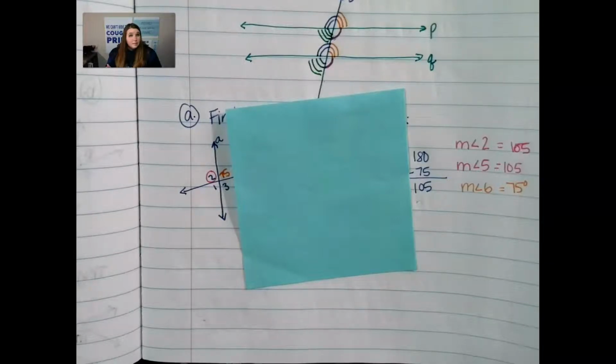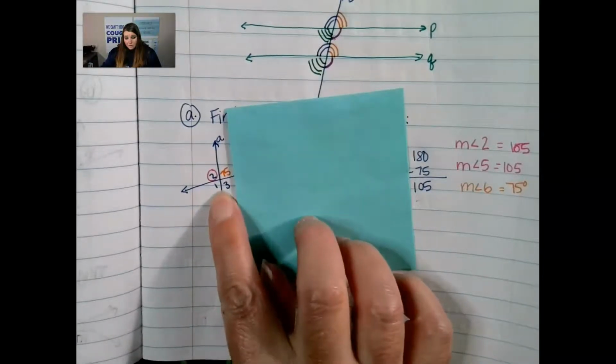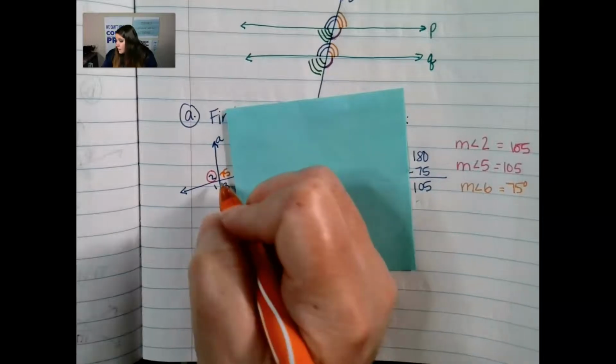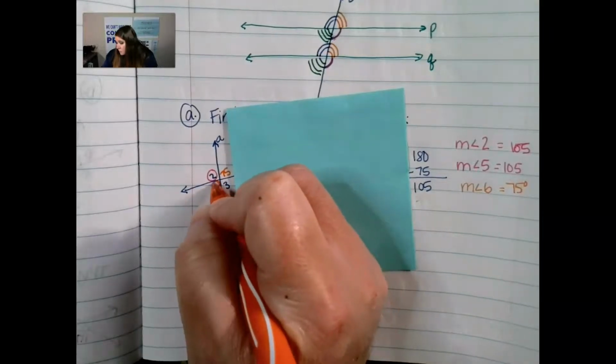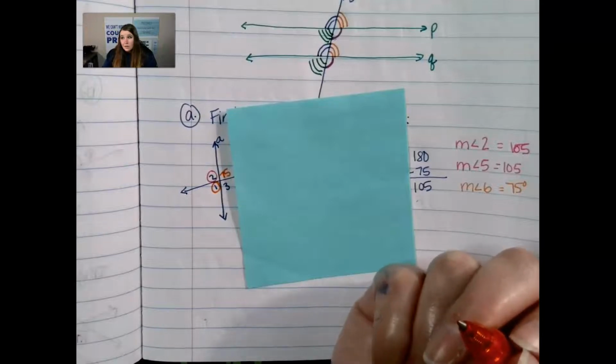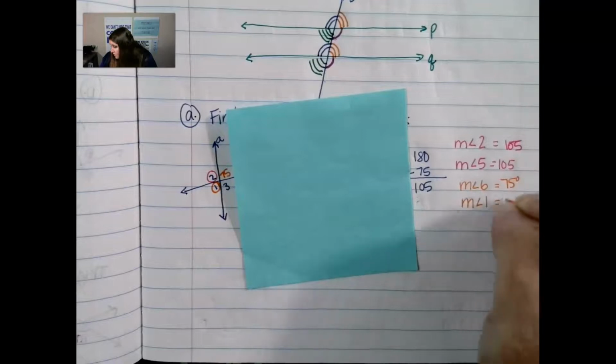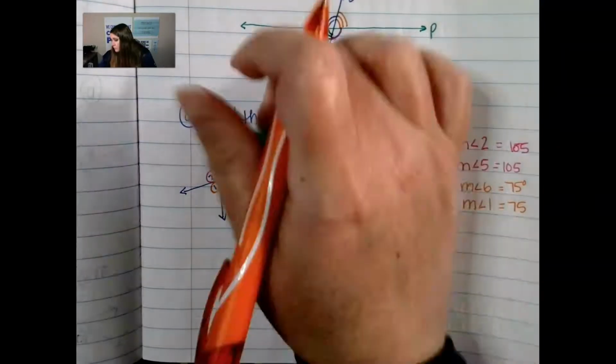Their opposites are equal. The opposite of 75 is 1. We know that because of the vertical angles, right? So the measure of angle 1 is also 75.